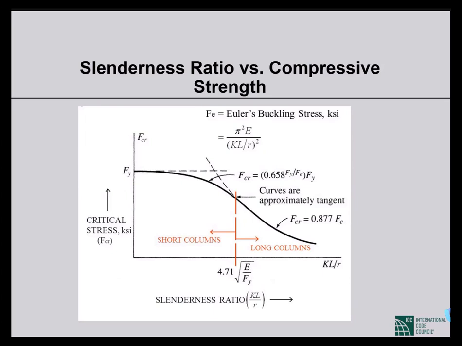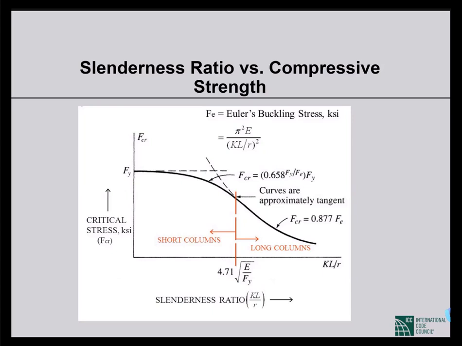When the slenderness ratio exceeds this limit, we can be very sure that there will be buckling before anything else. There will be elastic buckling, long before the stress reaches yield stress, the member will buckle. This is member buckling, not local buckling. The whole member will buckle.